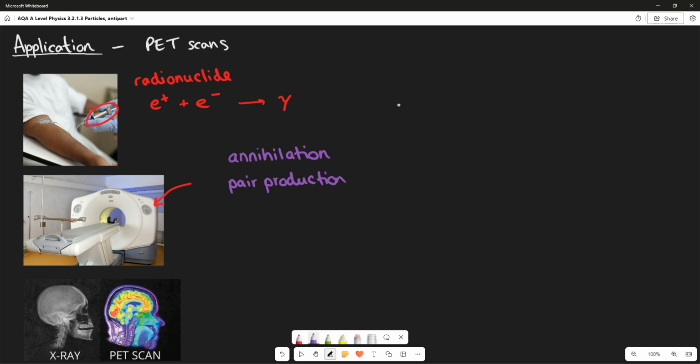What happens is that you have a particle and its antiparticle coming together, and when they are in the same place at the same time, they cancel each other out. They annihilate each other. Their masses are turned into pure energy, and that is in the form of a photon.